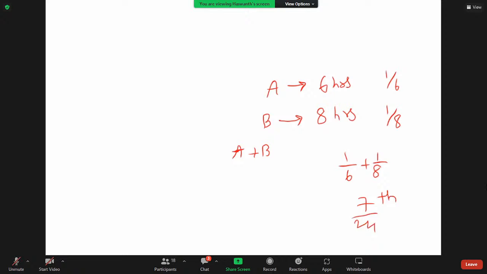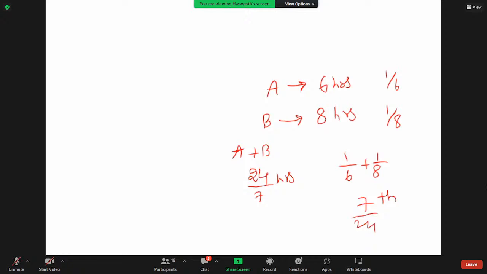Or in 1 hour, if 1 by 8 amount of the work is done, then time taken is the reciprocal of this, 8 hours. Like that, in 1 hour, if 7 by 24th amount of the work is done, then time taken is 24 by 7 hours. So this is the process.